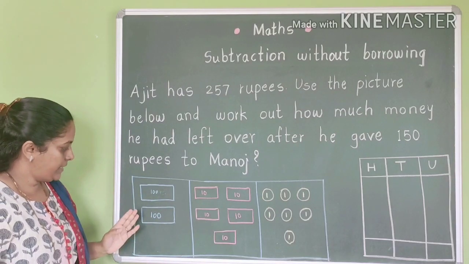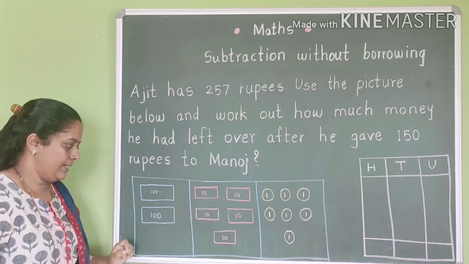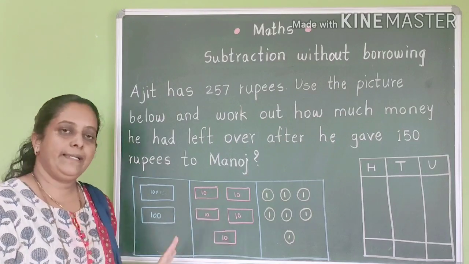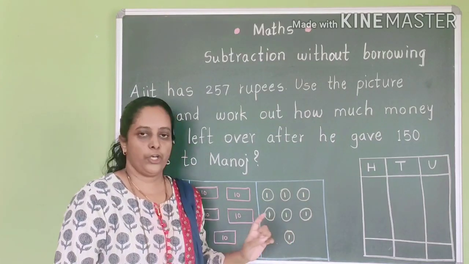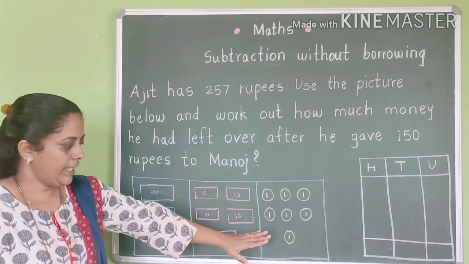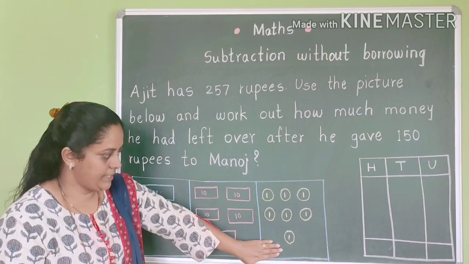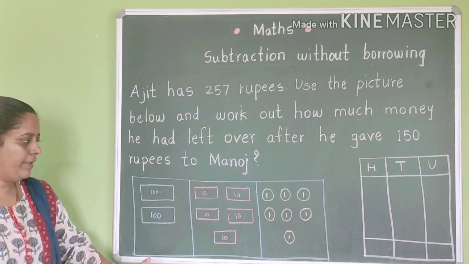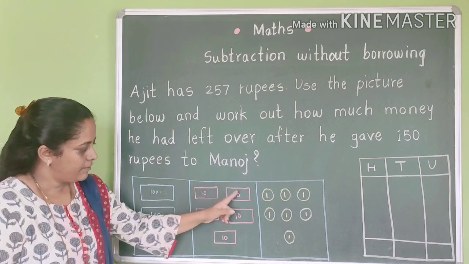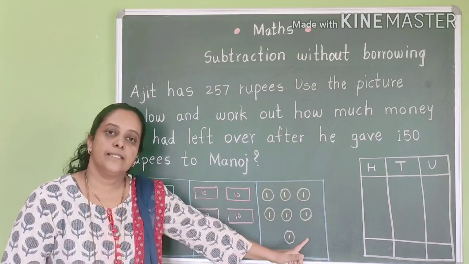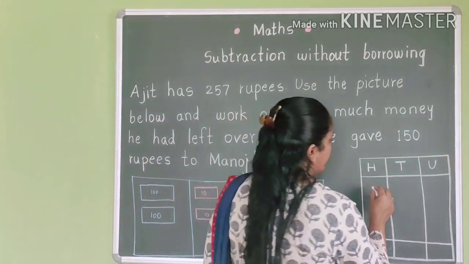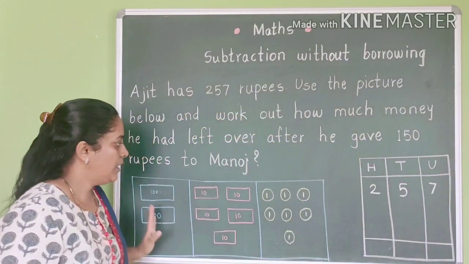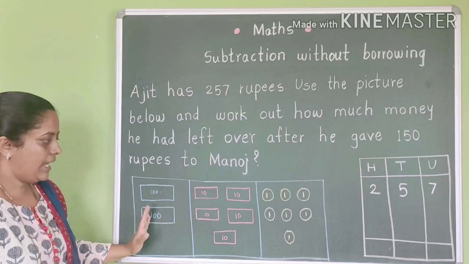Here we see 2 notes of hundreds and next we see 5 notes of tens and 7 coins of 1. So these are units, these are tens and these are hundreds. So the number will be 2 hundreds, 5 tens means 50 and 7 units. So we get the number 257. Here are the total rupees of Ajit.